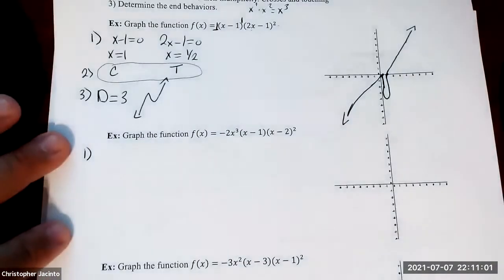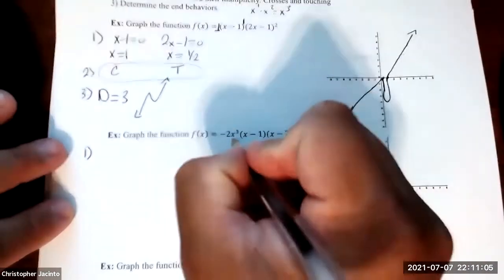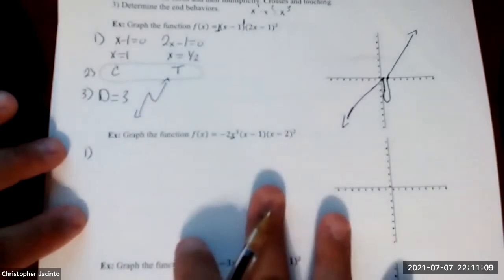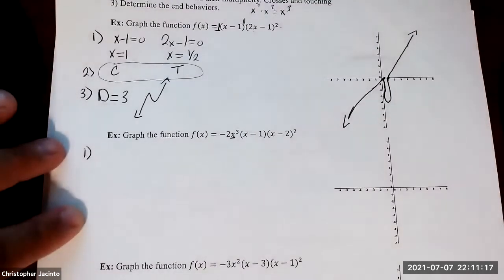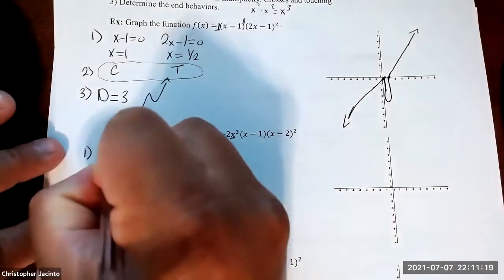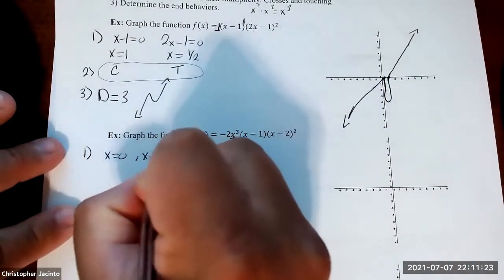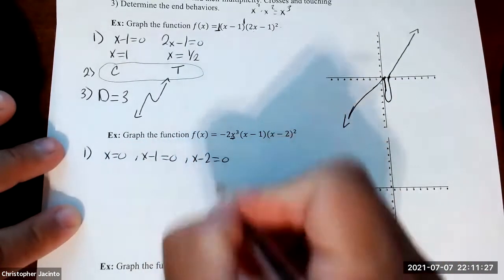All right, second example. So step 1, set all of them equal to 0. This is a tricky one because this also, we have to set equal to 0 because it's a variable. So we're going to have 3 of them this time. We're going to have x equals 0 from here, x minus 1 equals 0, and then x minus 2 equals 0, right?